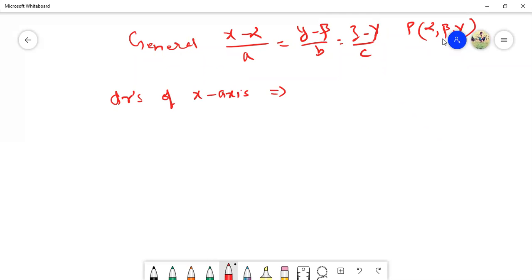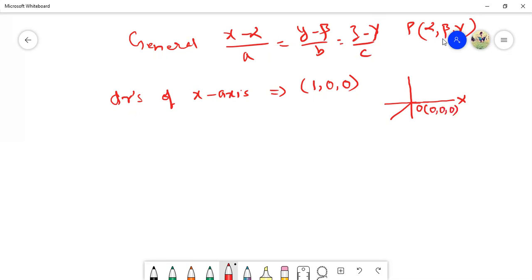The DRs of the x-axis are 1, 0, 0. The x-axis is always passing through the origin 0, 0, 0.